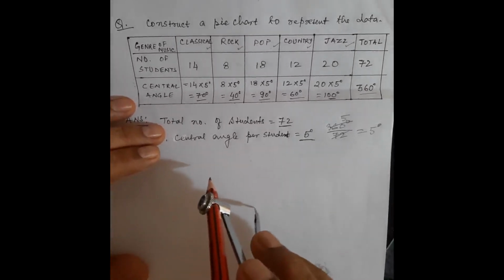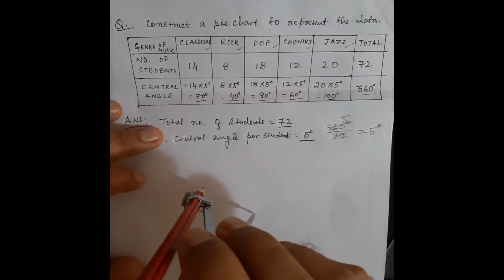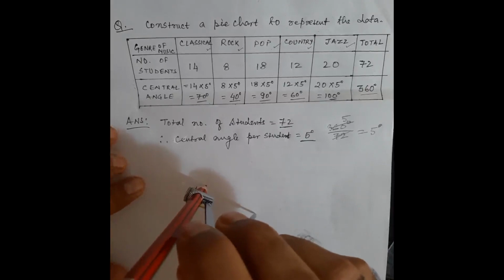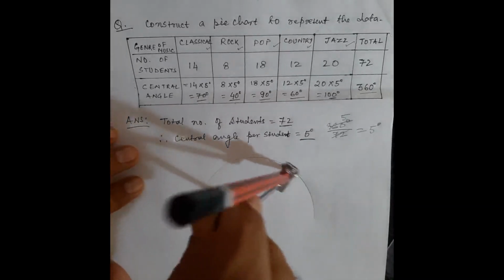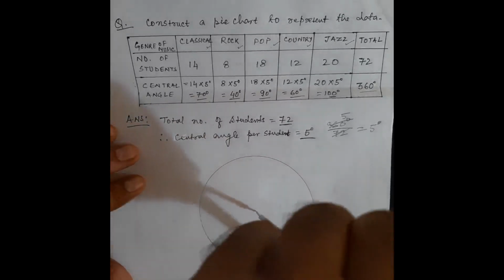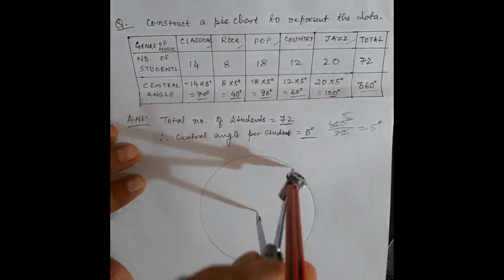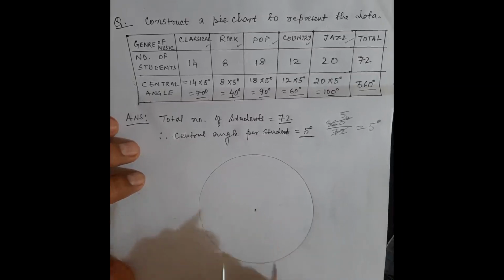What is the purpose of taking 4 centimeters? That you are making a circle large enough to represent all your data. You have to write the details and shade, so you should have enough space inside the circle. So this is my circle for which we are going to make the pie chart or circle graph.